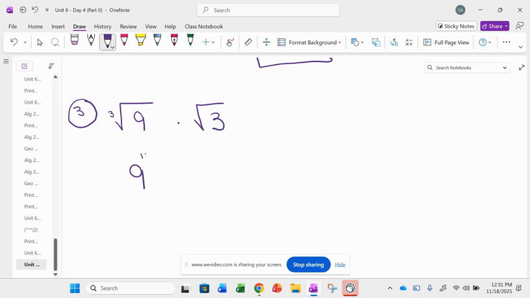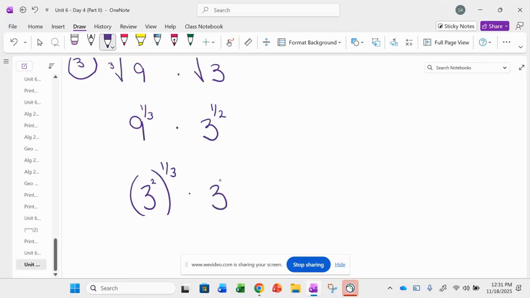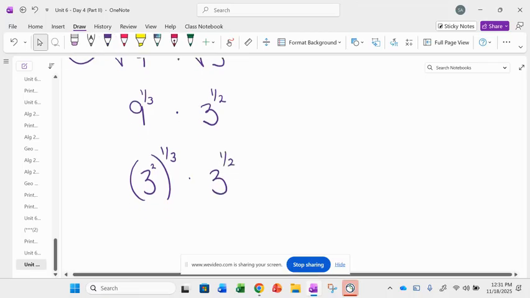So I'm going to have 9 raised to the 1/3 power times 3 raised to the half power. My first question for myself is, can I change these into the same base? Because if I can't change them into the same base, then no matter what, I can't multiply. So can I change 9 into a base of 3? Absolutely. So this becomes 3 to the 2nd raised to the 1/3 power times 3 raised to the half power.